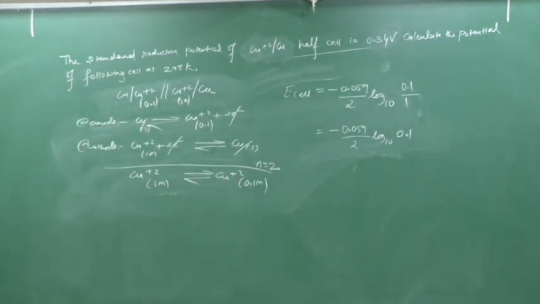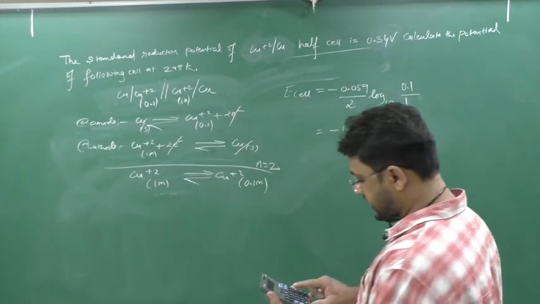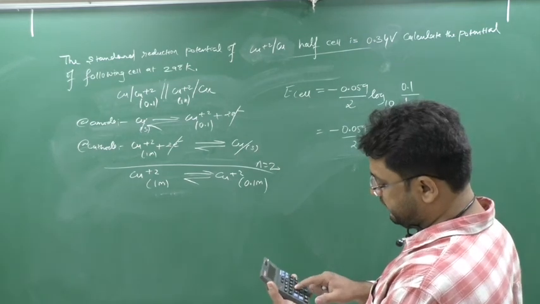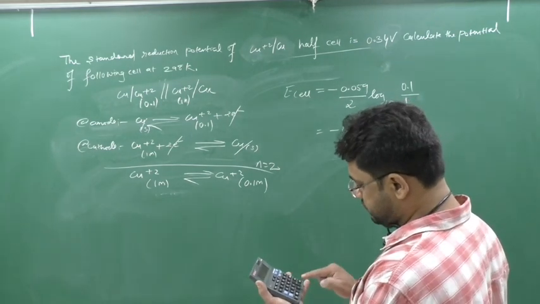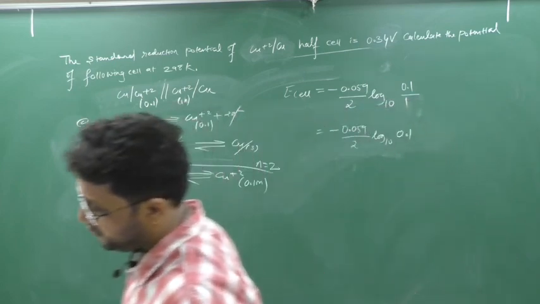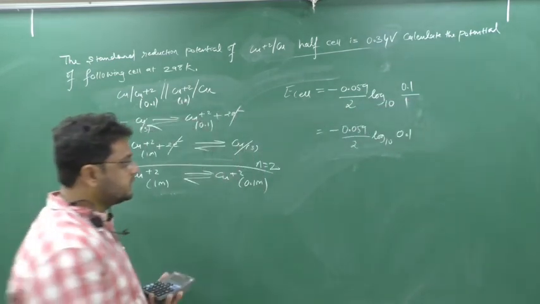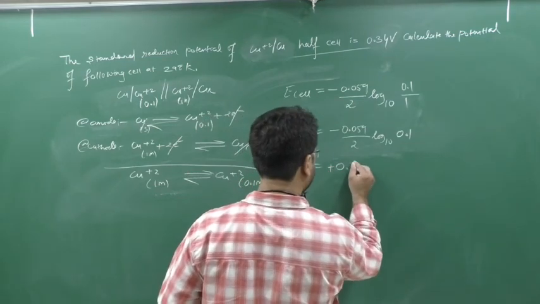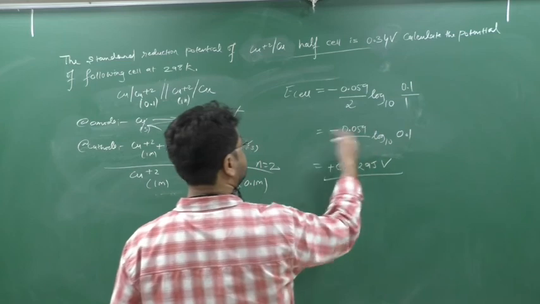Log of 0.1 is minus 1, multiplied by minus 0.059 by 2. The answer is plus 0.0295 volt, because minus times minus gives plus.